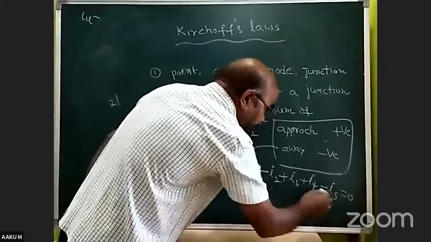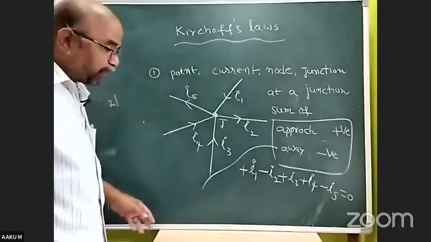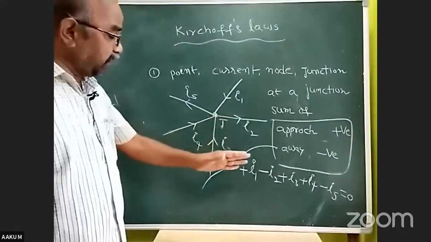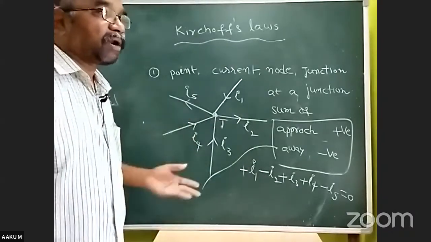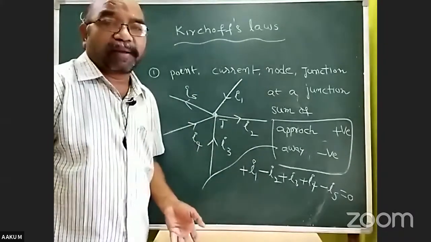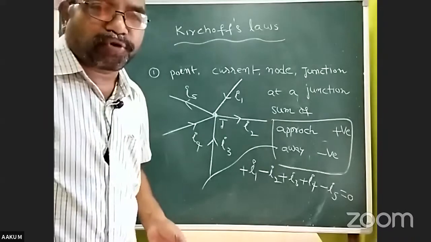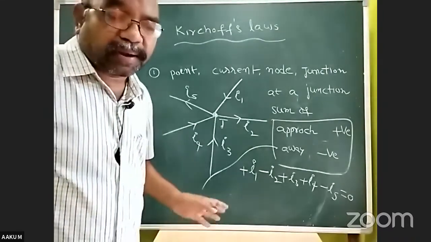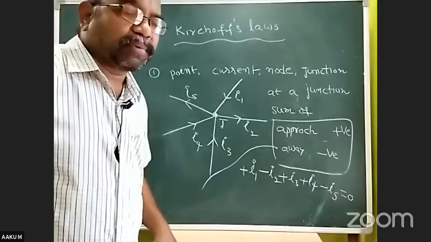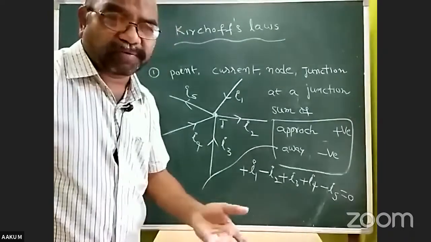So the sum is equal to 0. Algebraic sum means we give a sign to the currents. What is the sign convention here? Currents approaching the junction J are given a positive sign, and currents going away from the junction are given a negative sign. You can take it vice versa.